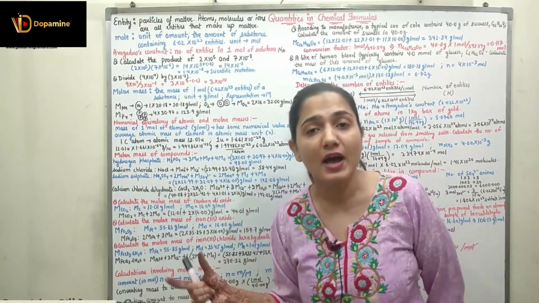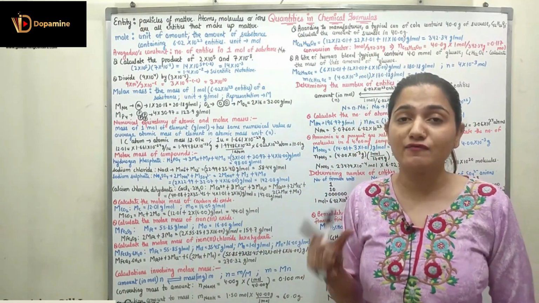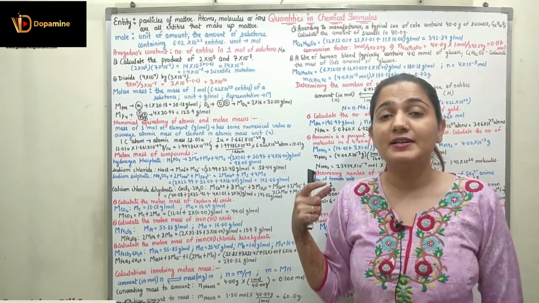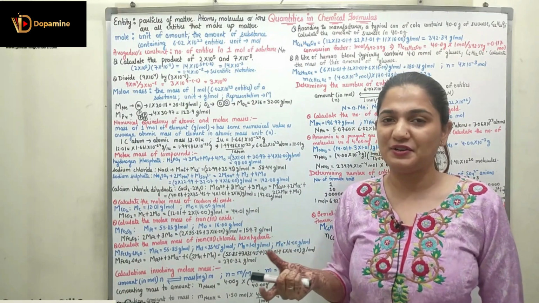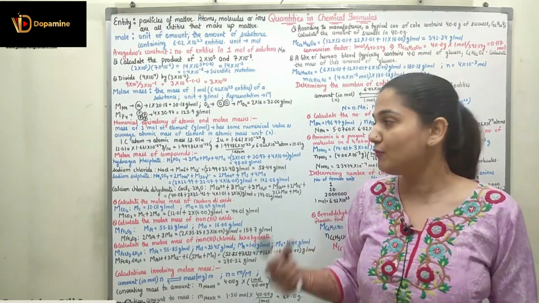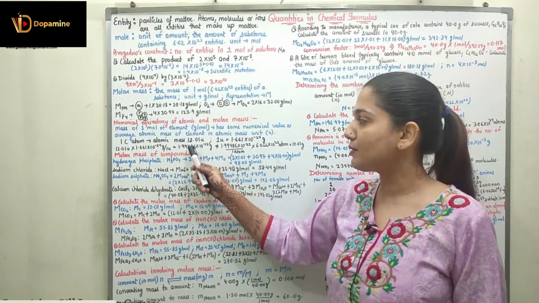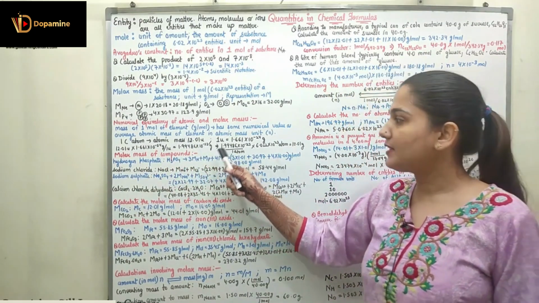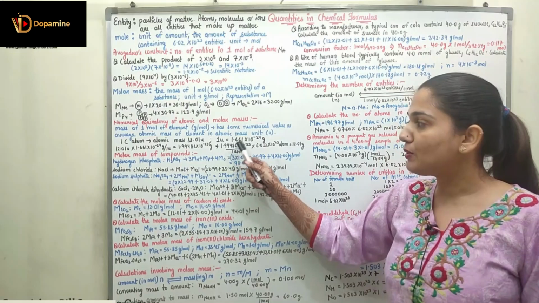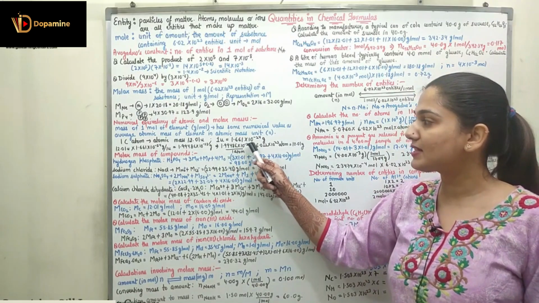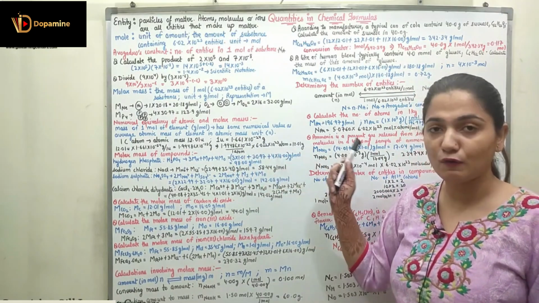We have to start from AMU and derive that 12.01 AMU is equal to 12.01 gram per mole. So one carbon atom has the atomic mass 12.01 U. I know 1 U is 1.661 into 10 raised to power minus 24 gram.